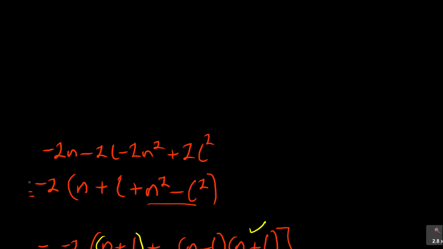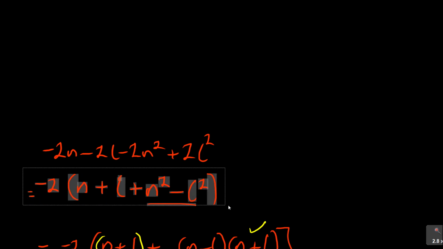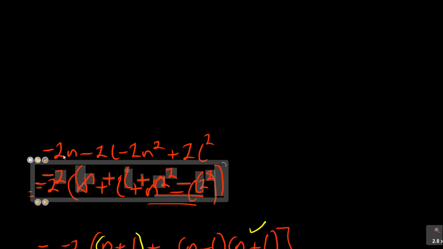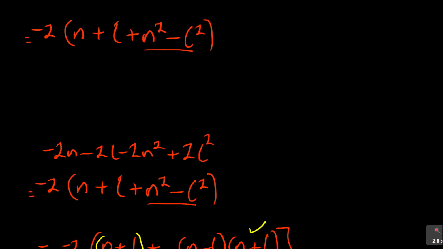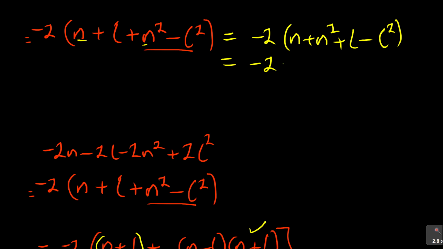Let me see if there was another way of factorizing this thing, because it looks a bit funny itself. But just to check something here, if I regrouped it by saying minus 2, bring the n together to say n plus n squared, then plus l minus l squared, which is equal to minus 2, and then n is common, which is n into n is 1 plus n into n squared is n, and then plus l into l is 1 minus l.